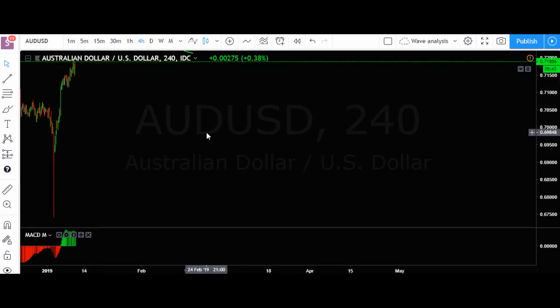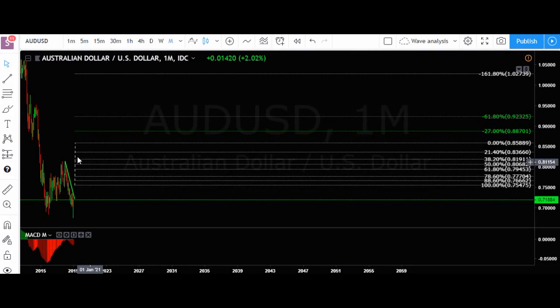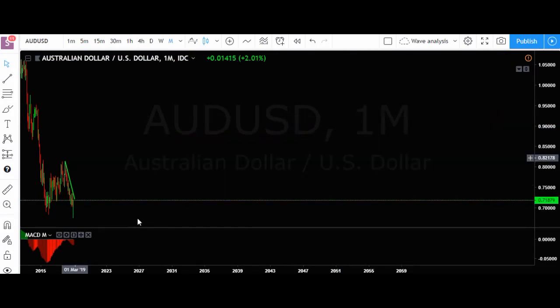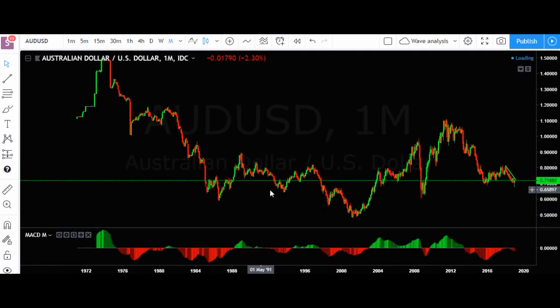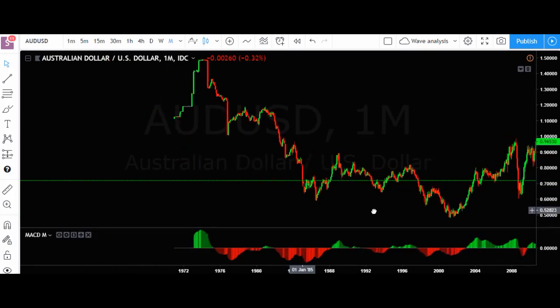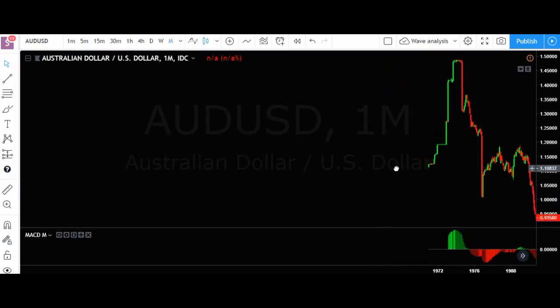So we might as well start on a monthly time frame, and let's just take this off, and let's move this chart over a bit. Okay, let's go here, and let's say that this didn't exist yet.